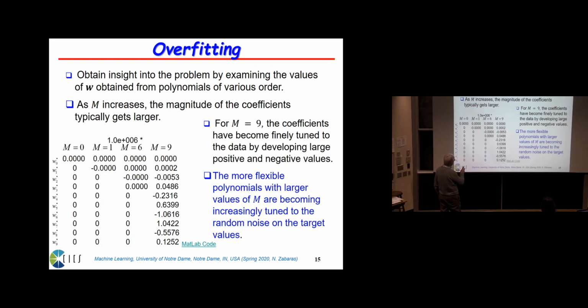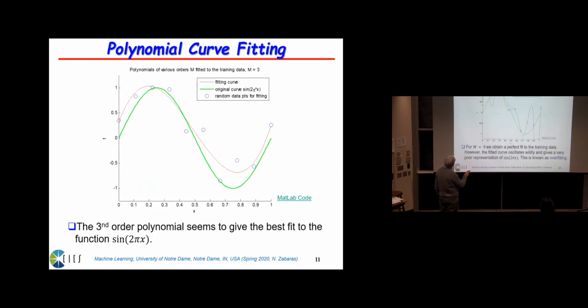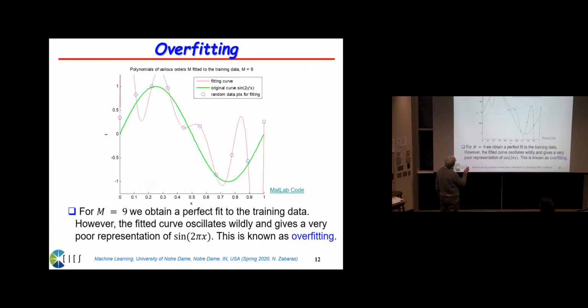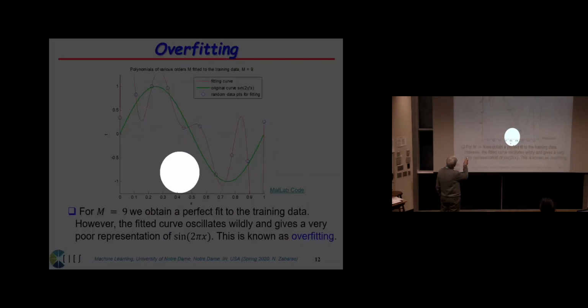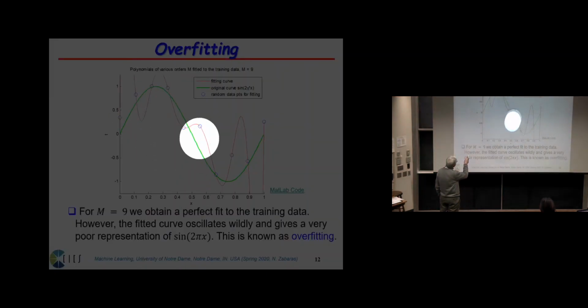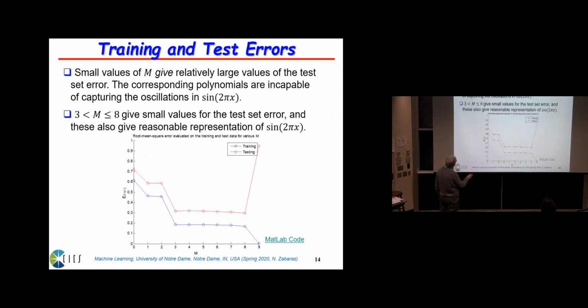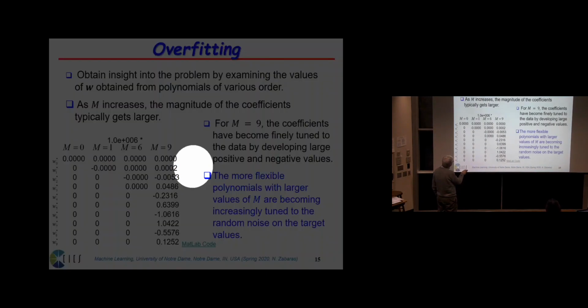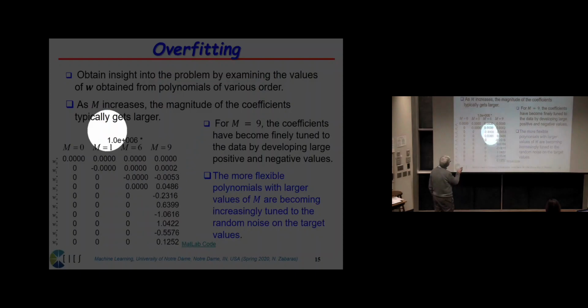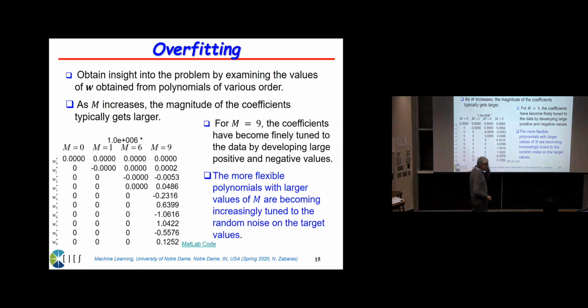If I can go back, you can see here, it goes down and up, etc. And usually this implies that the coefficients that you get are plus-minus big numbers. This is multiplied by 10 to the 6th. So when you overfit, the coefficients become very big numbers.